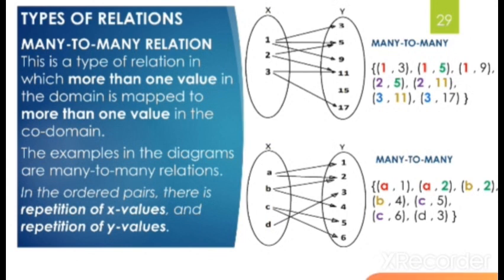And in that same example, we can see that 5 and 5, they are y values and they are repeating. So that's what makes it many-to-many. The same thing can be said of example 2. We have A and A as the x values, and then we also have 2 and 2 as the y values repeating. So these are the types of relations.